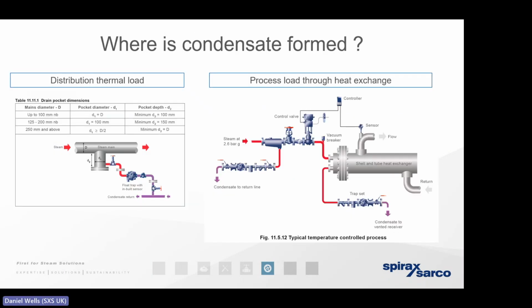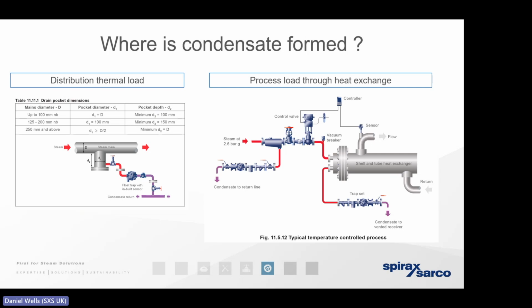The next thing we want to give thought to is, well, where does that condensate exist? Simply put, condensate exists wherever steam gives up its heat energy and condenses. And that can either be in the distribution pipework itself, high temperature, high pressure steam in a steel infrastructure. If we're distributing that thousands of meters, it's inevitable that we're going to get some heat losses.